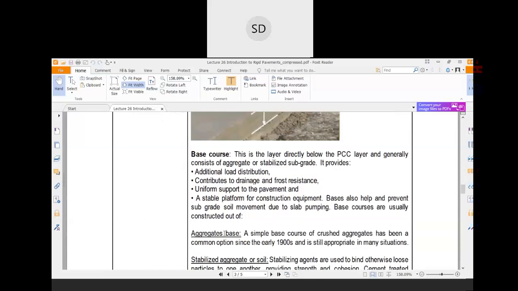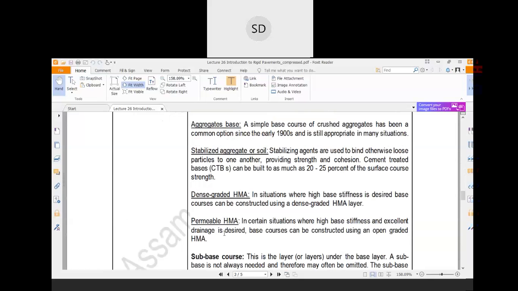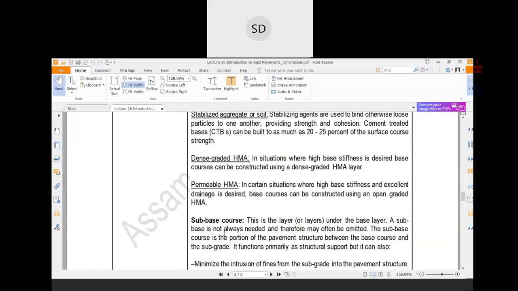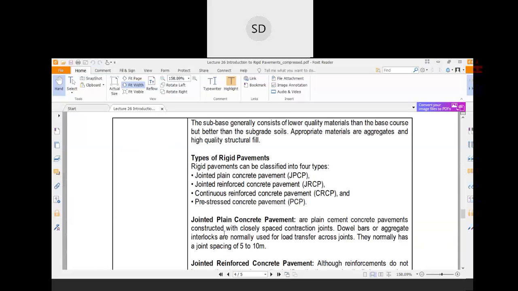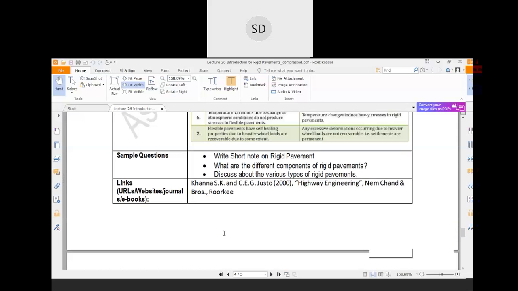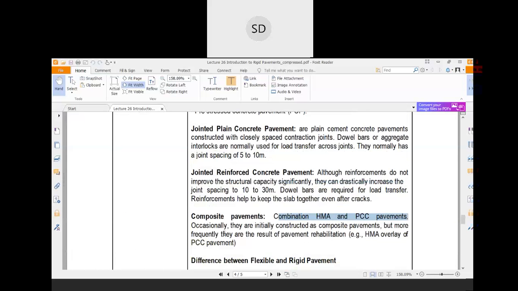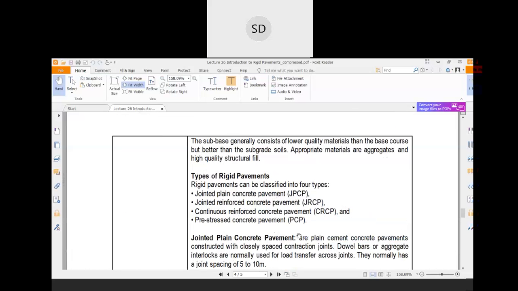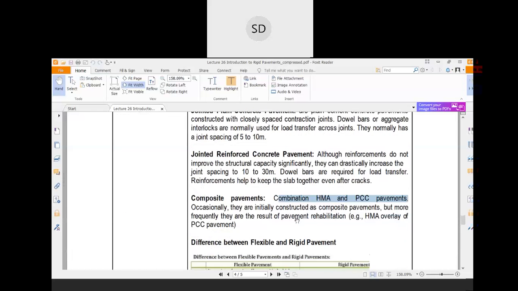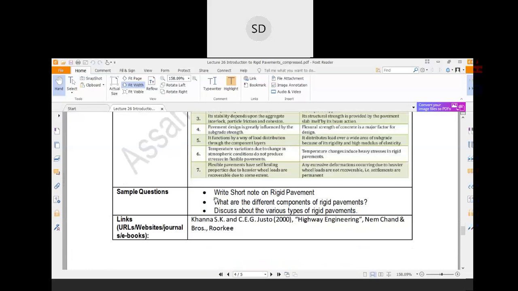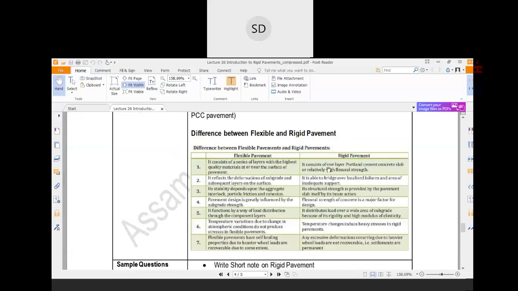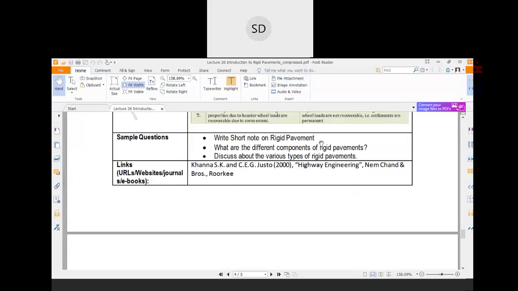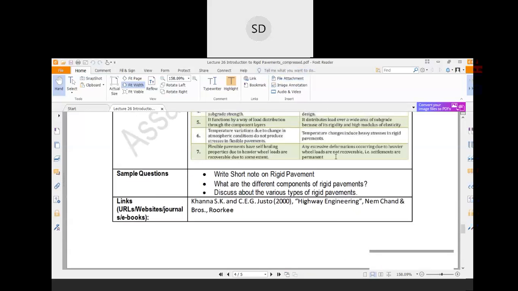So here you have to write down different components like surface course, base course, aggregate base, stabilized aggregate or soil, dense graded HMA, permeable HMA, sub-base course, etc. And the types of rigid pavement, these are the different types which are discussed over there. And another important thing is what the differences between flexible pavement and rigid pavement are, that is also very important.